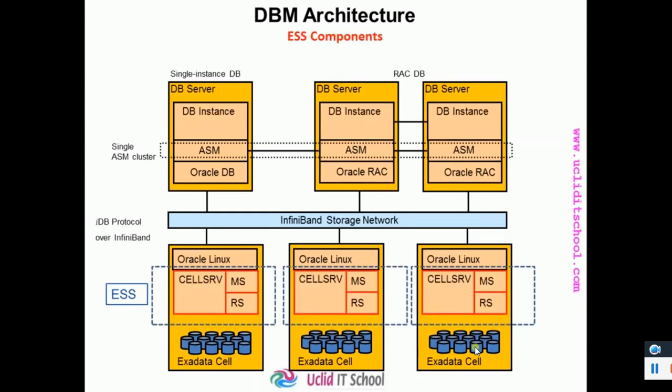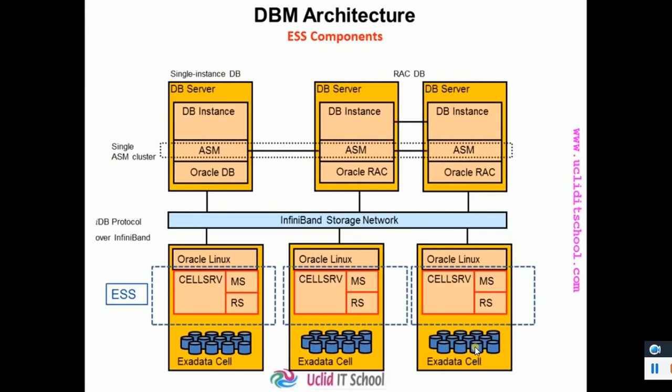Now, after installing the Exadata Storage Server RPM, Exadata Storage Server has three main services, or three main background processes which provide these services. Like every database server has background processes in the form of database writer, log writer, checkpoint, SMON, PMON, and so on, similarly, every storage server has some background processes.